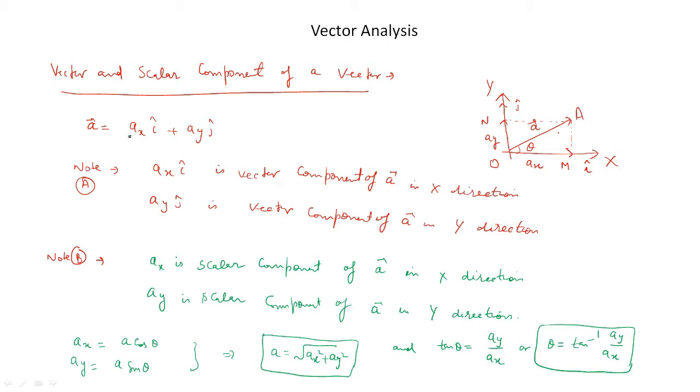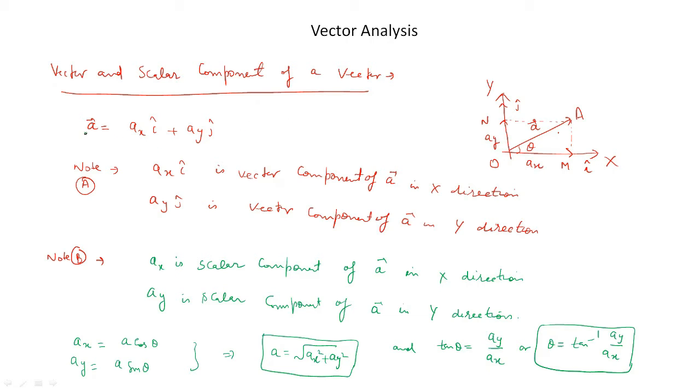So AX i is the vector component of vector A along x-axis. Similarly, let us say ON is equal to AY. So if we multiply it by unit vector j, then it becomes the vector component of vector A along y-axis.